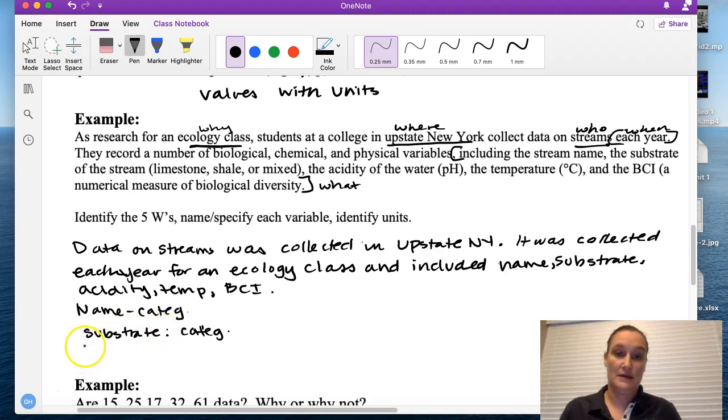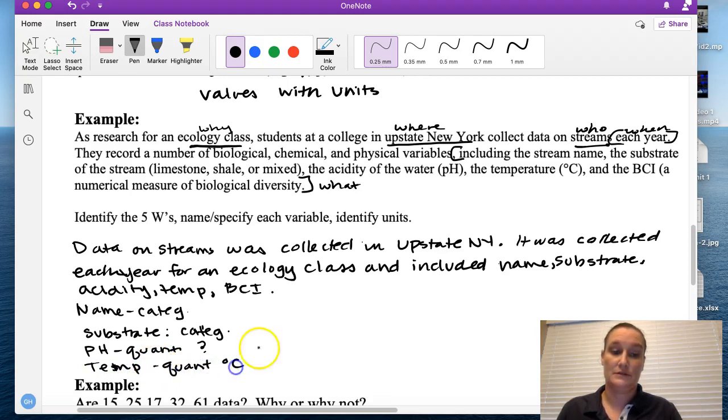All right, so then acidity of the water is pH. That is quantitative. And I don't know the units of that. So I'm just going to put a question mark for the units because I don't know the units of pH. I think there are units, or maybe pH is the units. I don't know. The temperature is obviously quantitative, and the units are degrees Celsius.